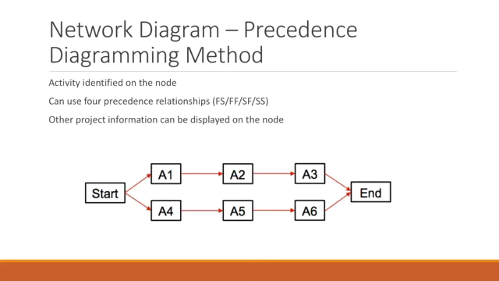Now, when we look at the network diagram in terms of the arrow diagram method, and we think about the precedence diagramming method, what we see here is that the arrows don't have the activities on their own. Now the boxes themselves are the activities that we need to complete in order to get to the particular outcome.